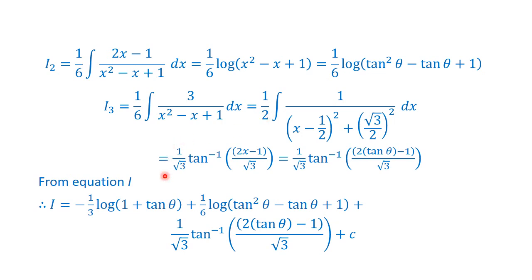Now half is already there, these two get cancelled with these two, 1 by a, that is root 3 by 2, 2 gets cancelled, only root 3 remains into tan inverse of 2x minus 1, that is x, this x, again 2 here we cancelled and directly written there 2x minus 1 by root 3.